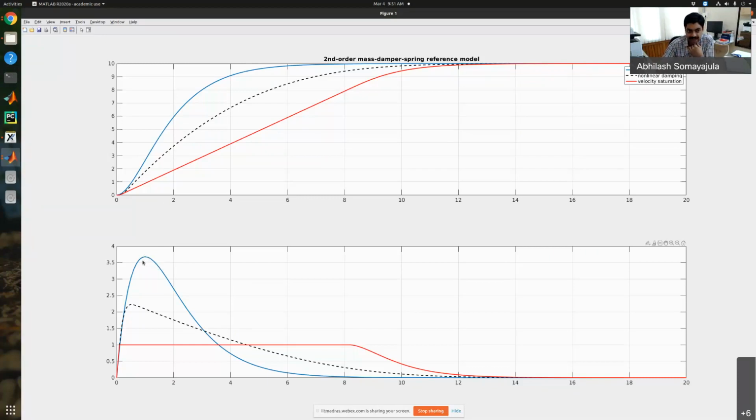This dotted black line is adding nonlinear damping to the spring mass damper system. Because of the nonlinear damping, you see that the overshoot of the velocity is not as high.